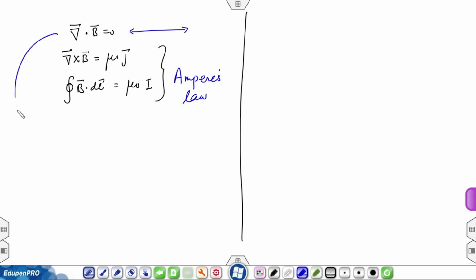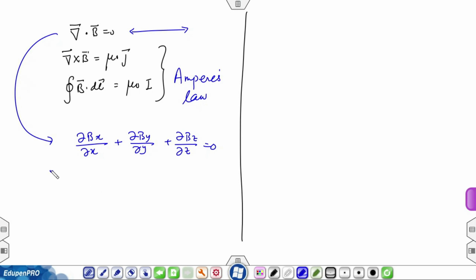What this tells you is that the derivatives of B cannot change arbitrarily. For example, I have dBx dx plus dBy dy plus dBz dz is equal to 0. So, they cannot change arbitrarily.